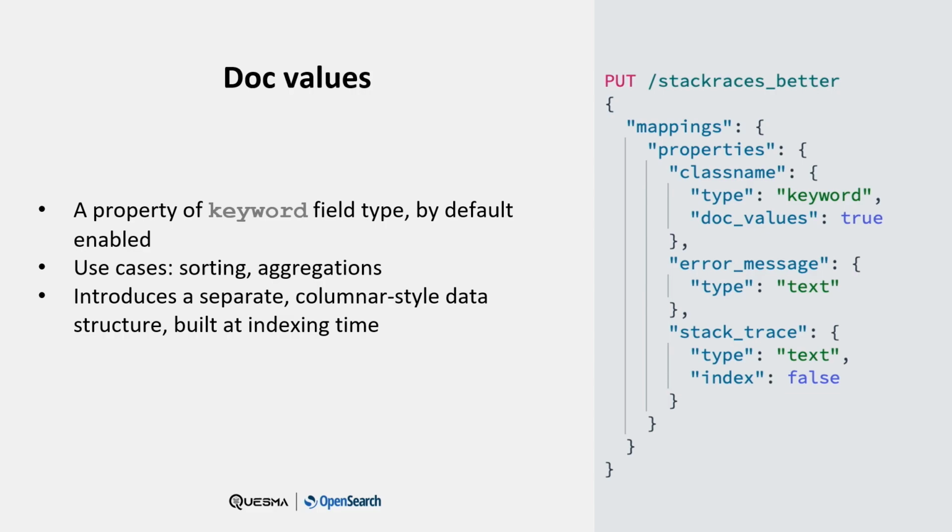However, if you remember when I talked about enabling aggregations via keywords, we cannot finish this discussion without mentioning doc values. Doc values are a property of the keyword field type. By default, it's enabled, so you might not notice that this even exists.